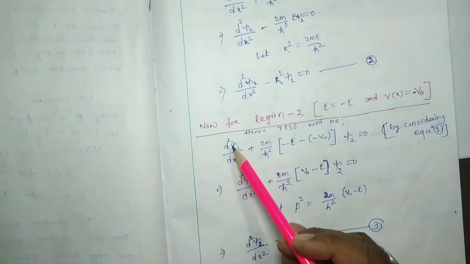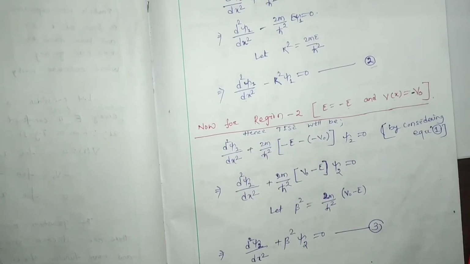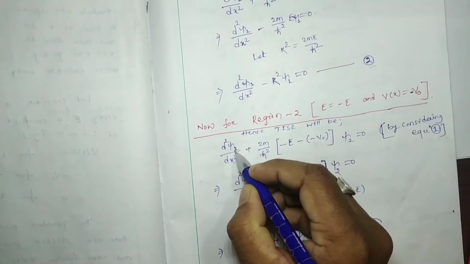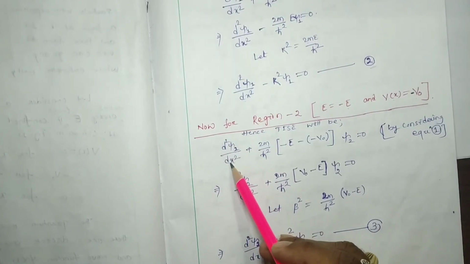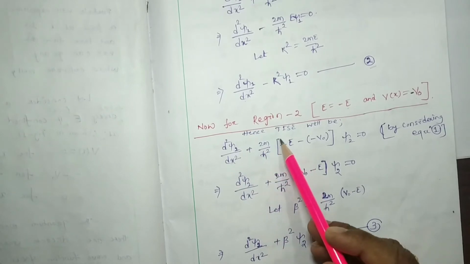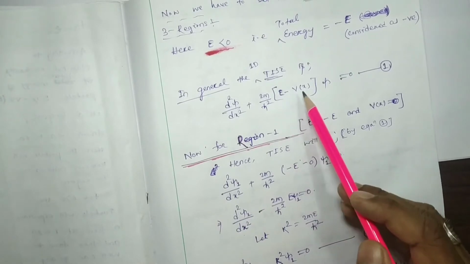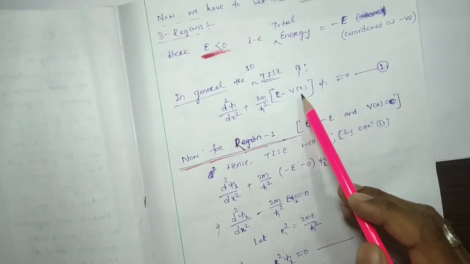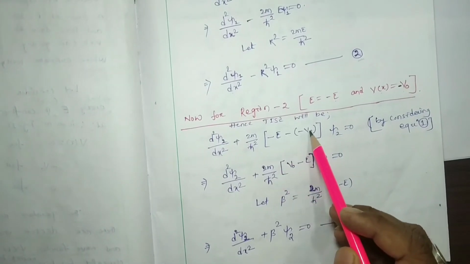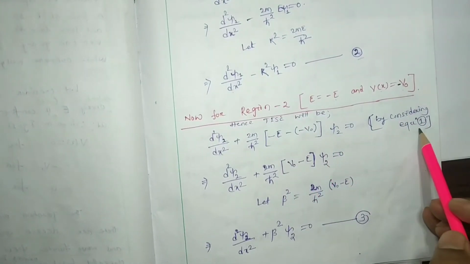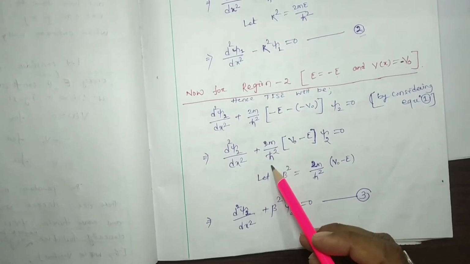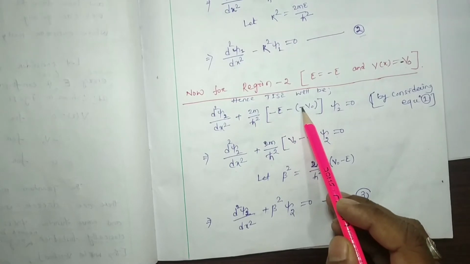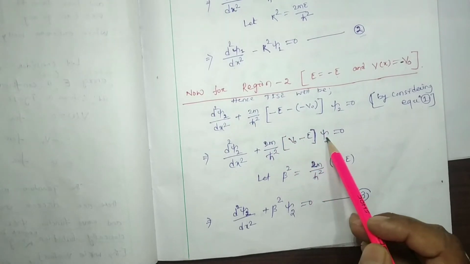We find d square psi 2, where psi 2 is considered the wave function in region 2, by dx square plus 2m by h cross square (minus E minus minus V0) psi 2 equal to 0. So d square psi 2 by dx square plus 2m by h cross square (V0 minus E) psi 2 will be equal to 0.